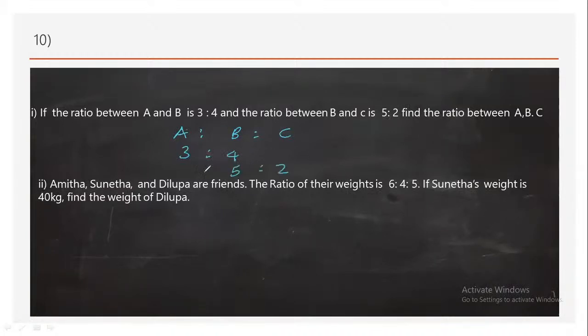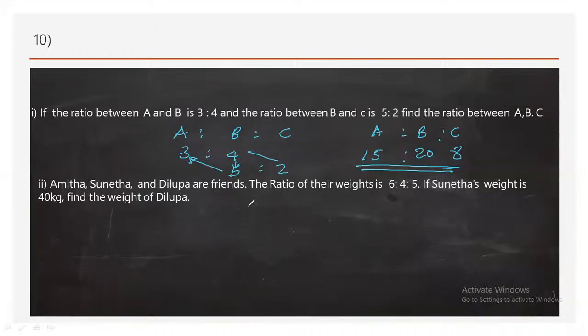So you have to find the ratio between A, B, C. This times 5, 5 times 3, 15. I don't have space, so I will write it here. 5 times 3, 15, 2. 4 times 5, 20. 2 times 4, 8. 15 to 20 to 8. This is the ratio.